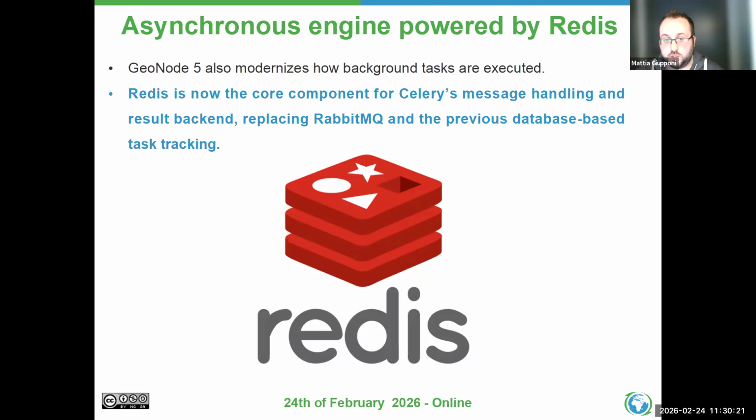All the steps required in order to upgrade are defined in the migration guidelines that are published in the GeoNode repository. This is the only big breaking change that has been introduced, but it now allows us to use a more modern system and to be able to offer a better and more robust result backend in GeoNode.